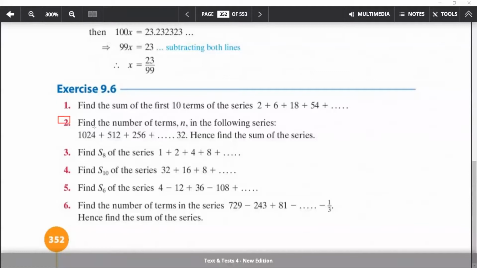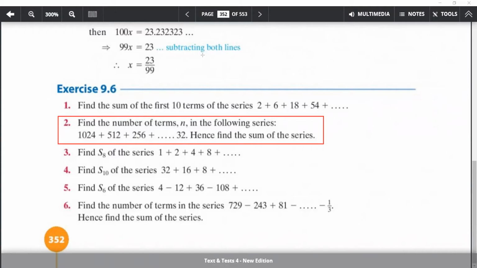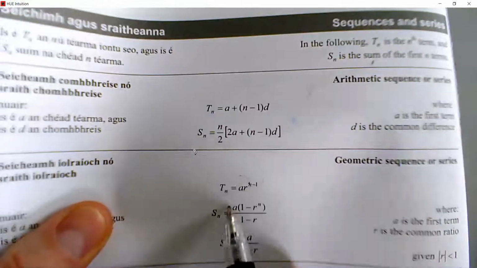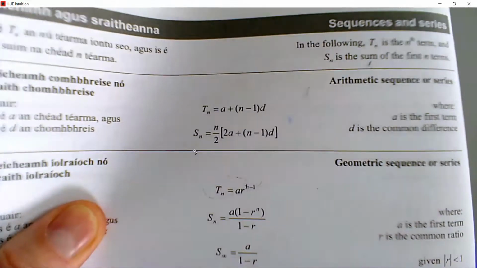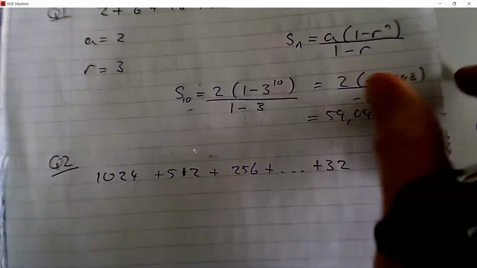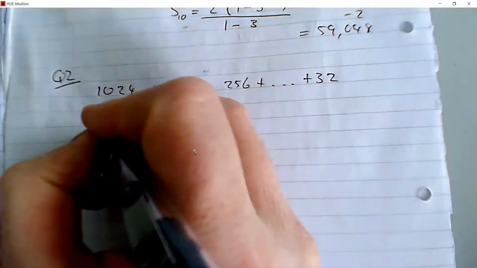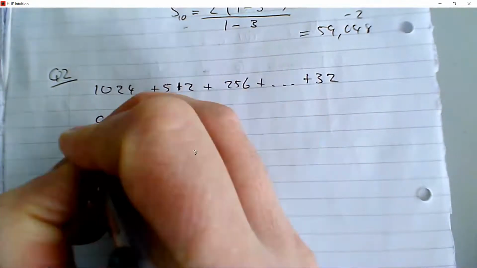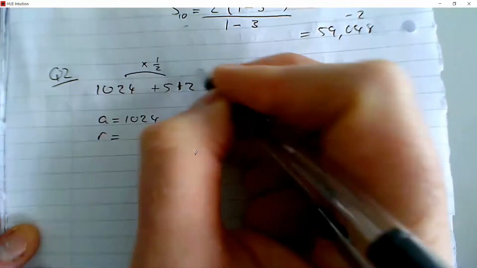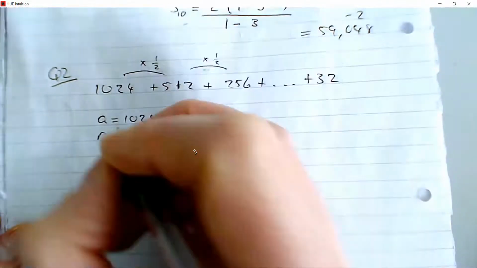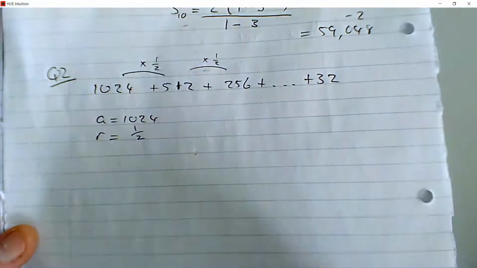Okay, question 2 says find the number of terms in the following series, and then hence find the sum of the series. So first, find the number of terms. We're going to go back to our old formula that we've seen before for the number of terms in a geometric sequence. To work out where 32 lies in this sequence, we'll say a is 1024, and our common ratio, you're multiplying by 1/2 with each step.